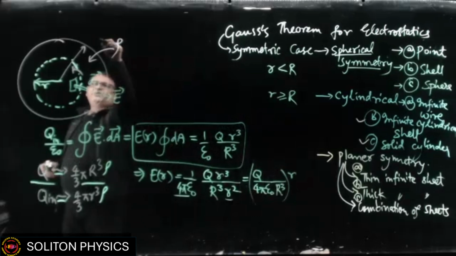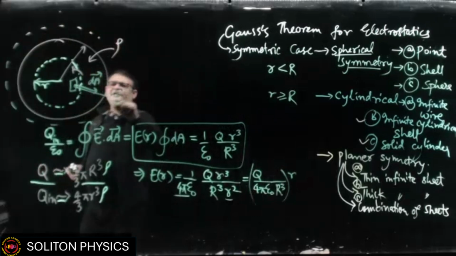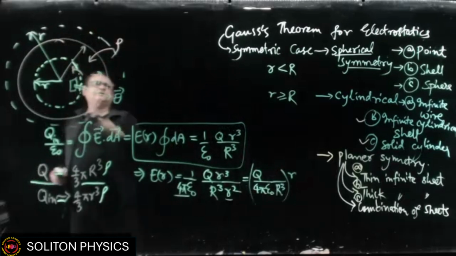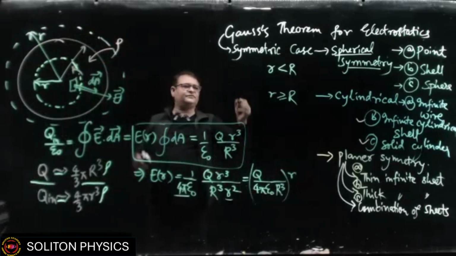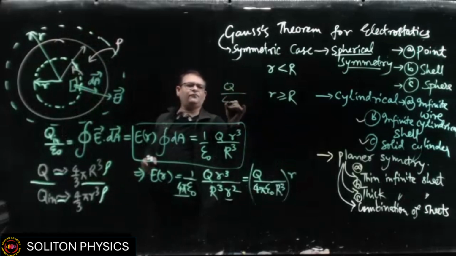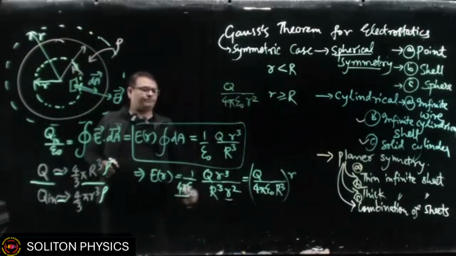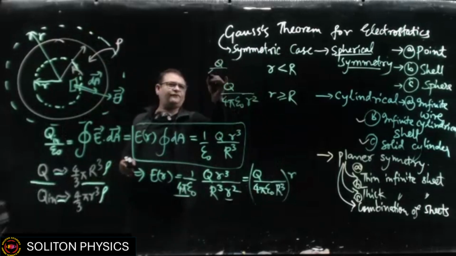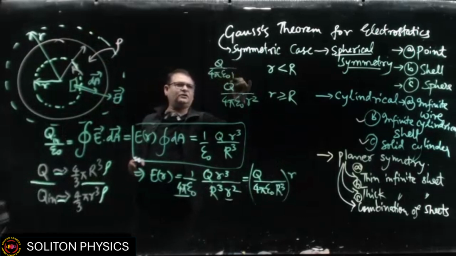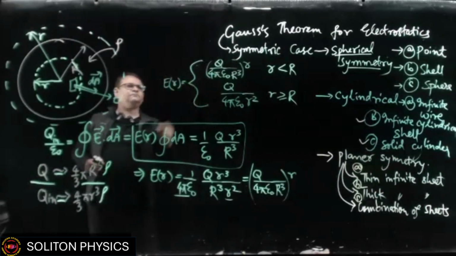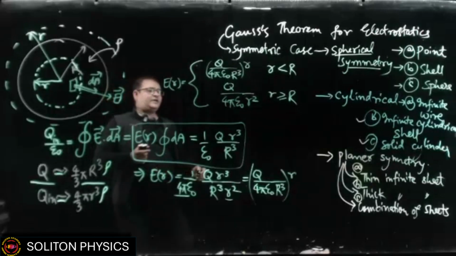If I go beyond this, if I make r for the big radius, then my field will become simply Q by 4 pi epsilon naught r square, right? Before it was Q by 4 pi epsilon naught R cube into r, right?